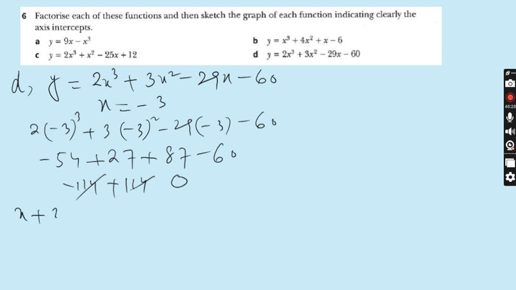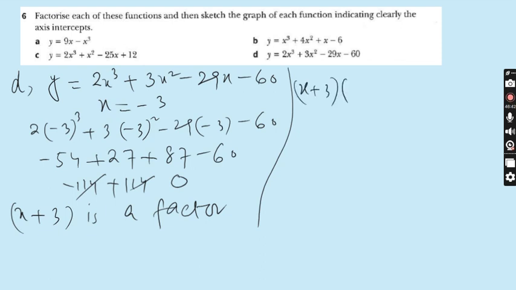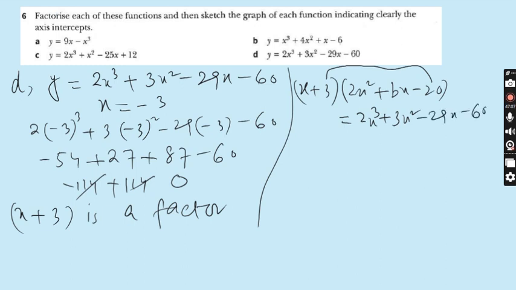So x plus 3 is a factor. Now with x plus 3, we need 2x cube, so we write 2x square plus bx, and we need minus 60, so we put minus 20 over here, because minus 20 times 3 is minus 60, equals the given expression 2x cube plus 3x square minus 29x minus 60.